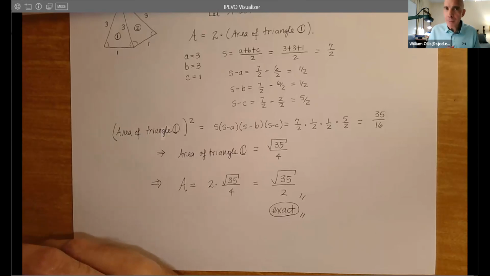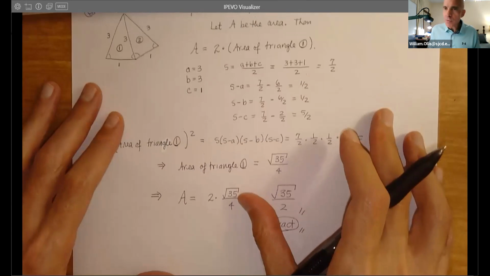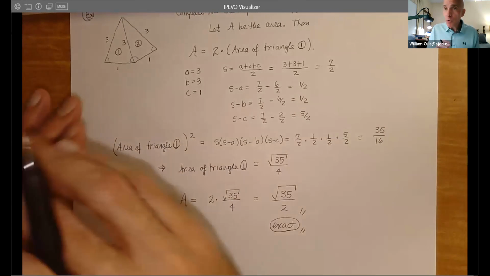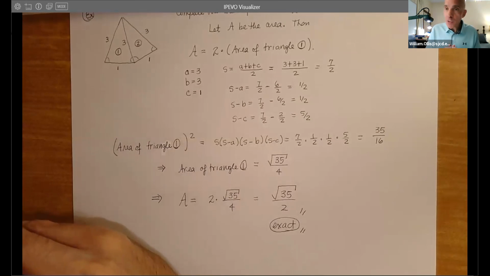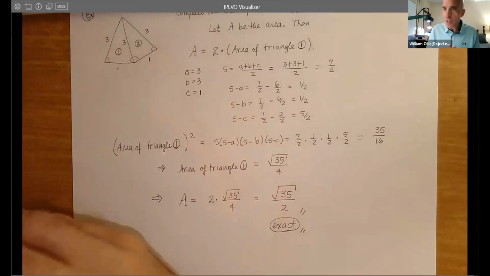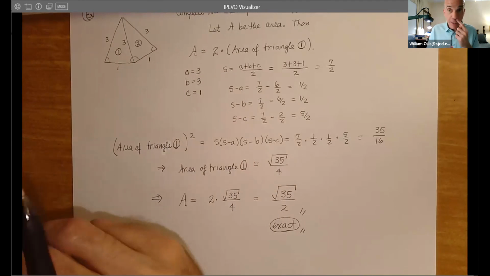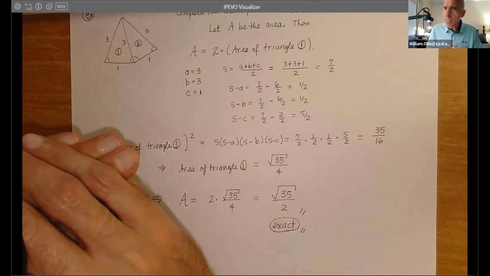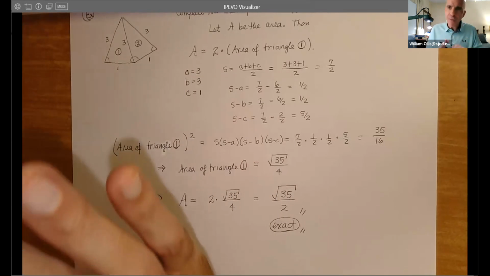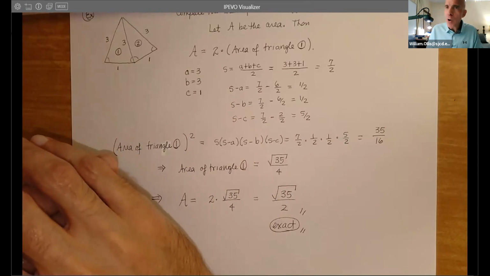So again, we have alternatives here, but if you want to go directly to the area of the triangle, if you know the lengths of the sides of the triangle, then you can do that using Heron's formula. You may find this useful in cases where you don't want to deal with angles and you want to subdivide the actual polygon into triangles.